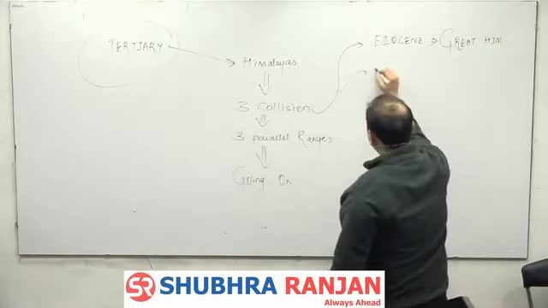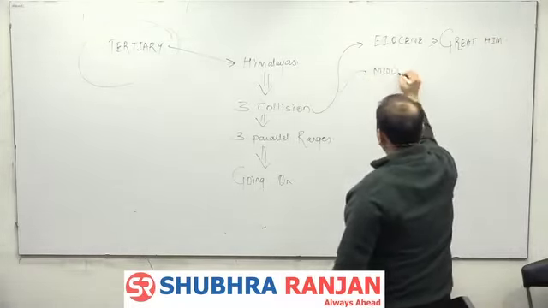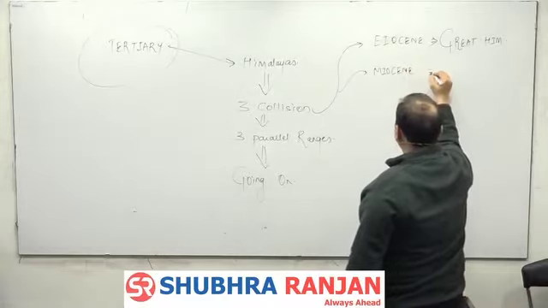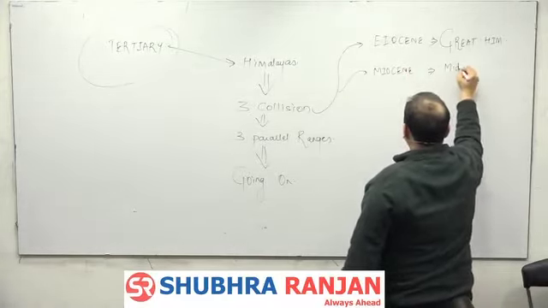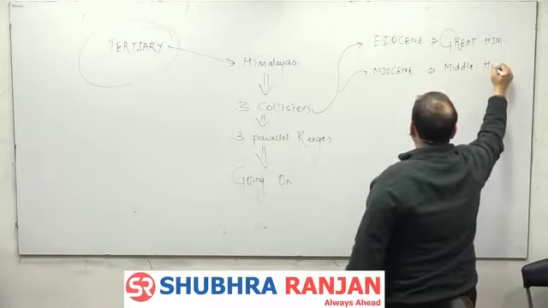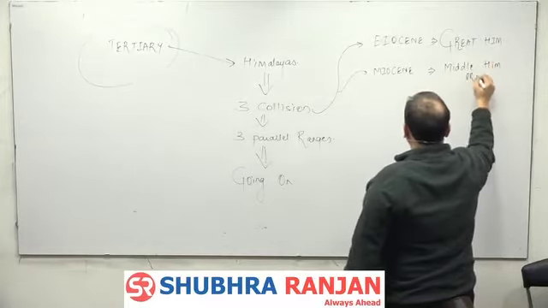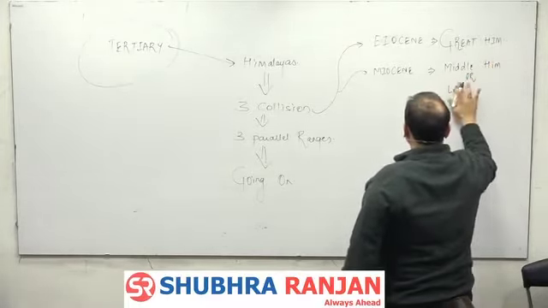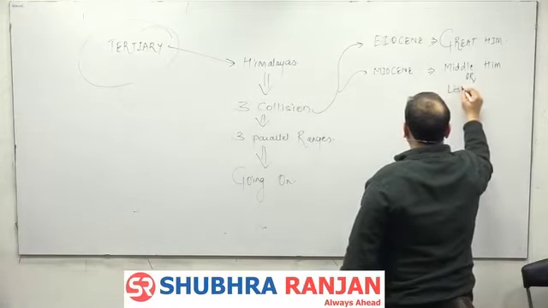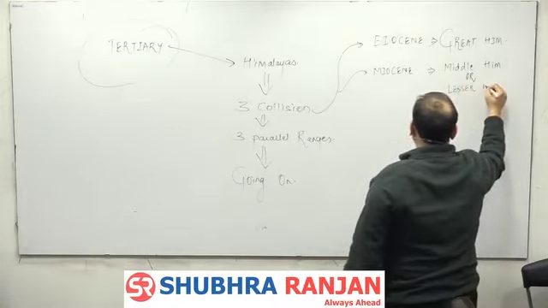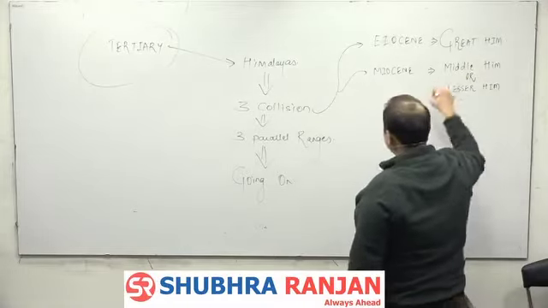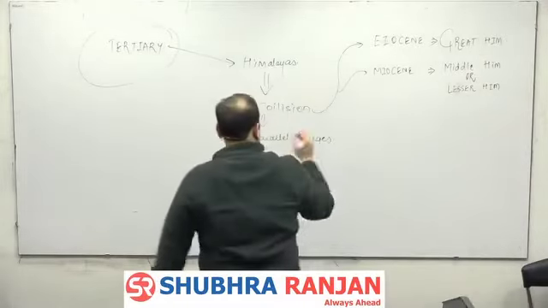In the Miocene period, this resulted in the formation of the Middle Himalayas or Lesser Himalayas, lesser because they are lesser in height as compared to the Great Himalayas.